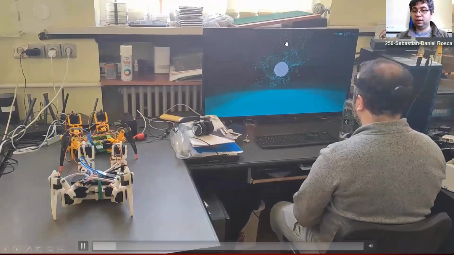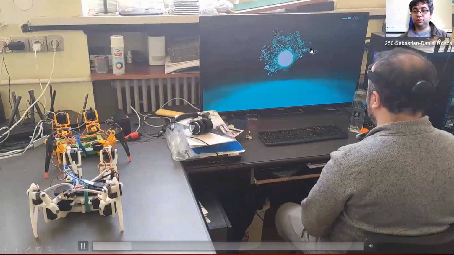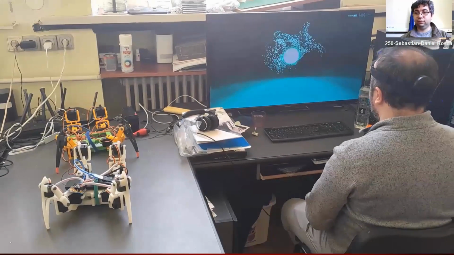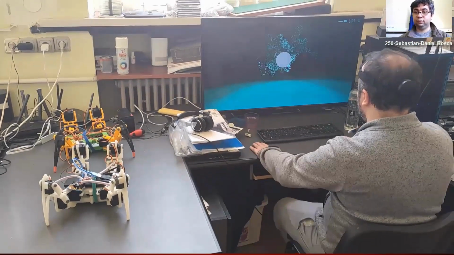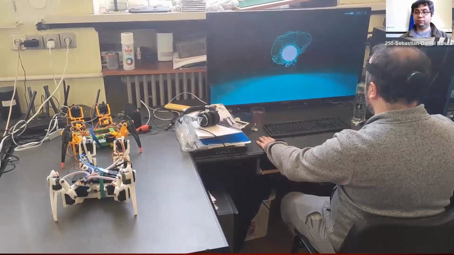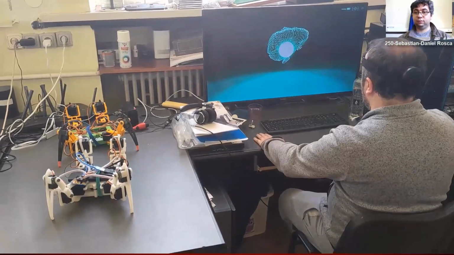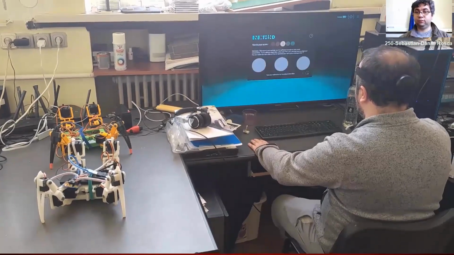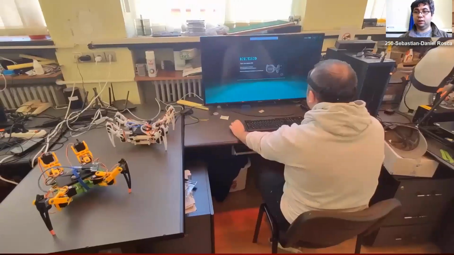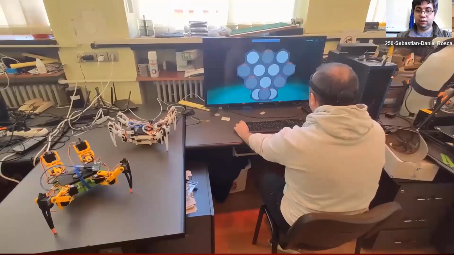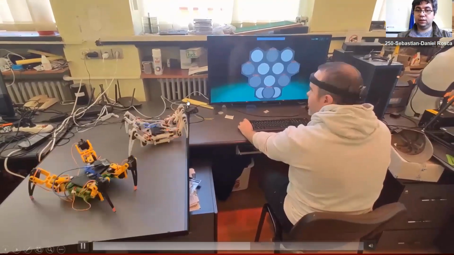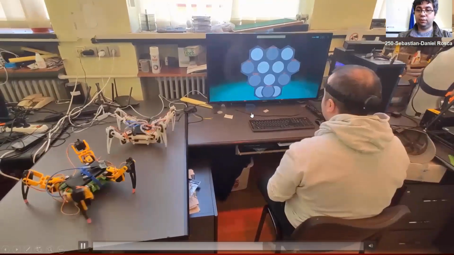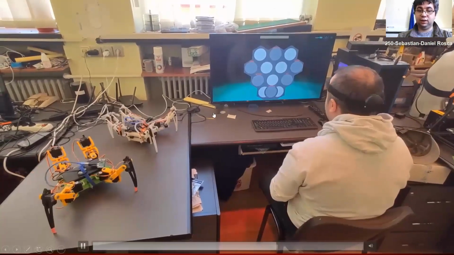As can see here is the calibration menu. And next, the six movements: forward, backward, left, right, sit and stand.